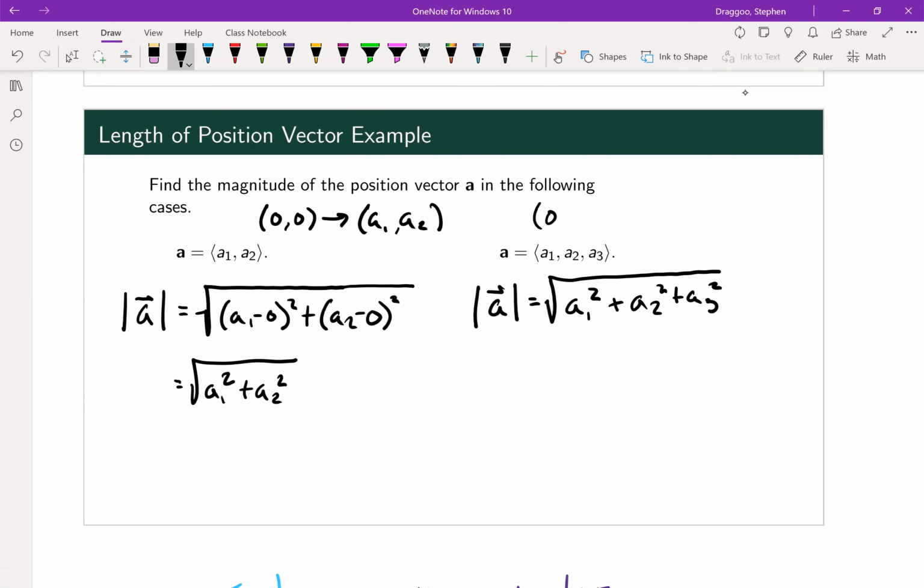So we'll go from (0, 0, 0) to the point (a1, a2, a3). And again, note the use of parentheses instead of pointy brackets when we're talking about a point versus a vector.